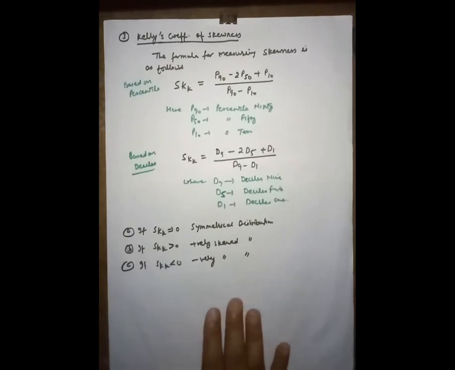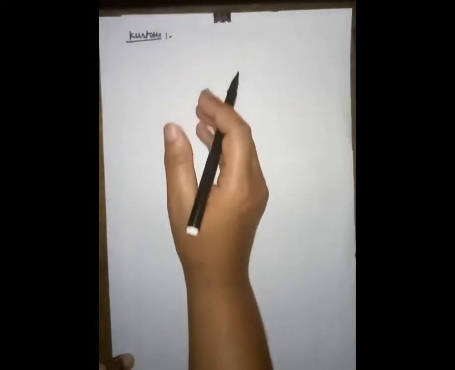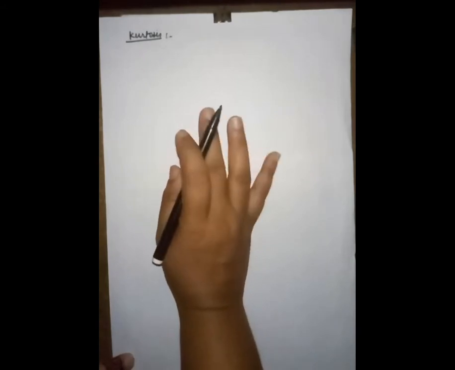Now move on, next topic, kurtosis. What is kurtosis? Friends, kurtosis tells you how tall and sharp the central peak is, while skewness signifies the extent of asymmetry.